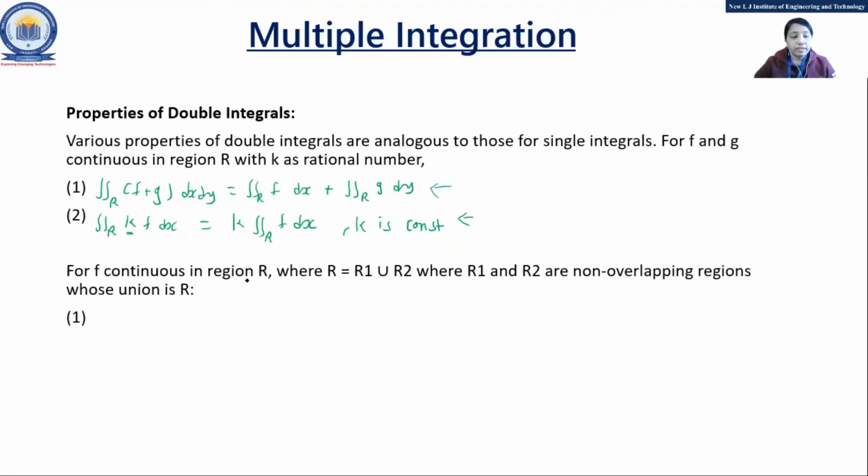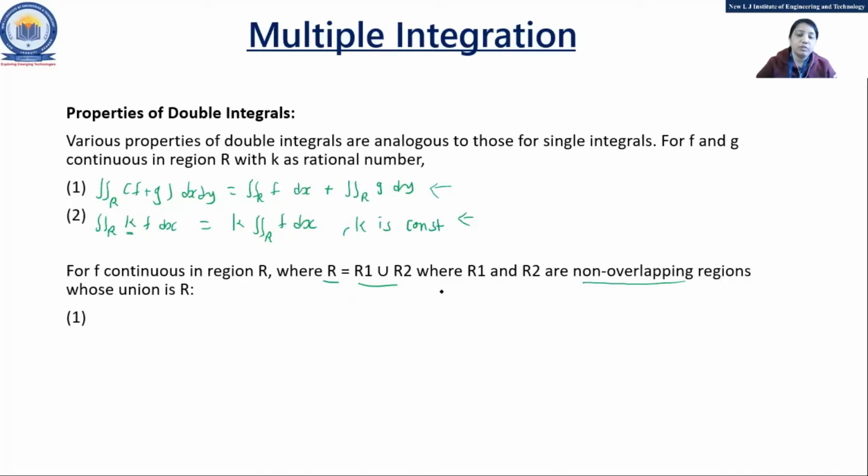Now, the next one: the region R is divided into two, R1 union R2, where R1 and R2 are non-overlapping regions.